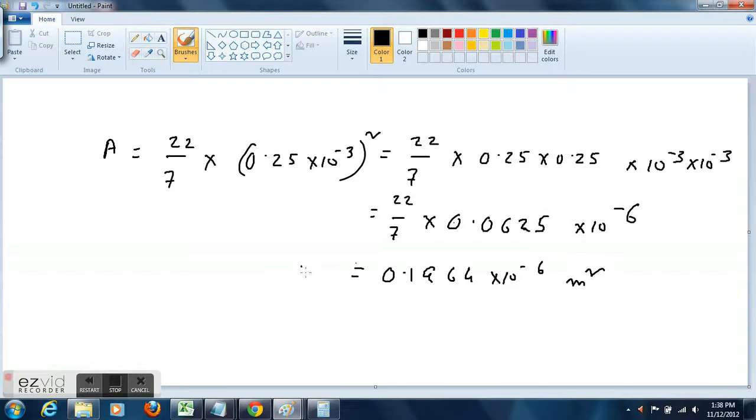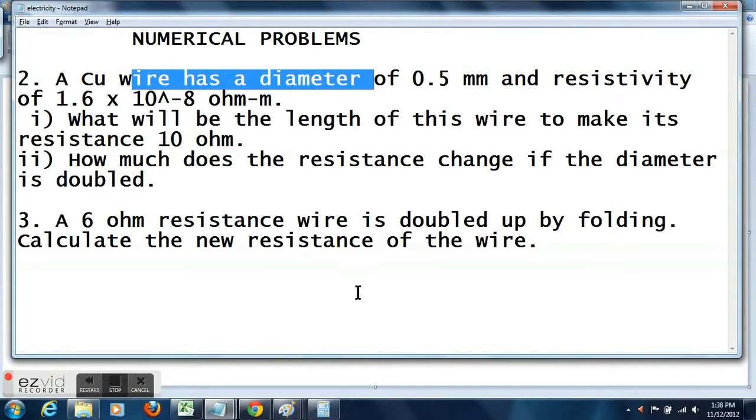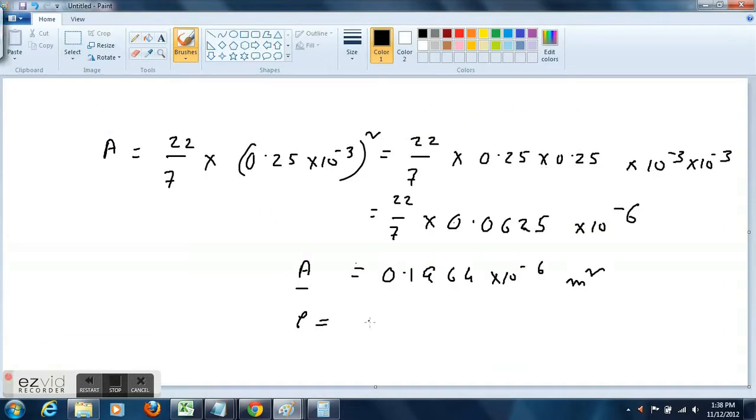So this is the area of cross section of the copper wire. Now value of rho is given as 1.6 into 10 to the power minus 8 ohm meter, and resistance will be 10 ohm.